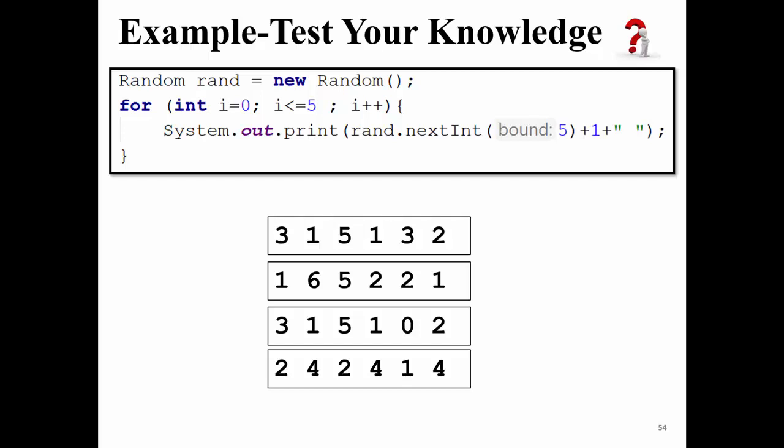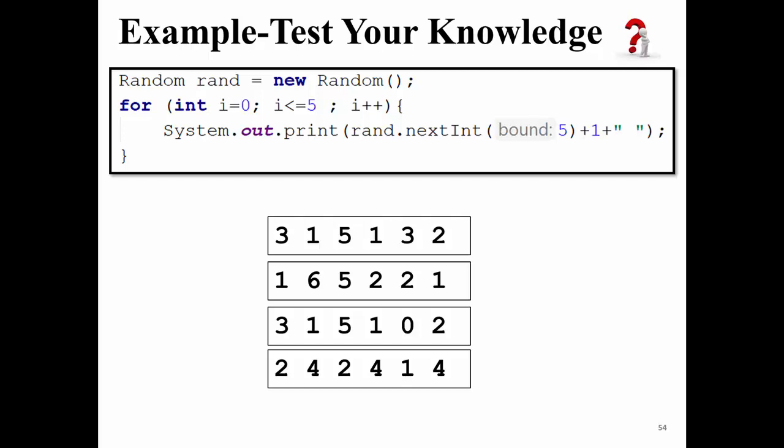What about the first output? So what are we looking at here? What random number do we generate in this question? We are looking to generate random numbers from 1 to 5.